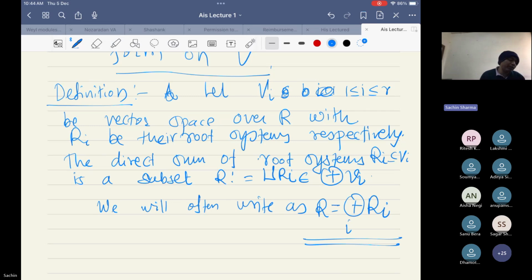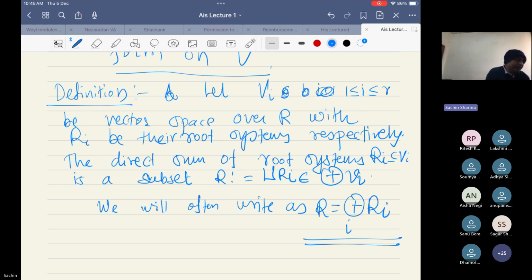If you have corresponding vector spaces, you take those root systems, the disjoint union, as elements of the direct sum of the V_i's, and call it a root system of the ambient space, which is nothing but the direct sum of all the V_i's.